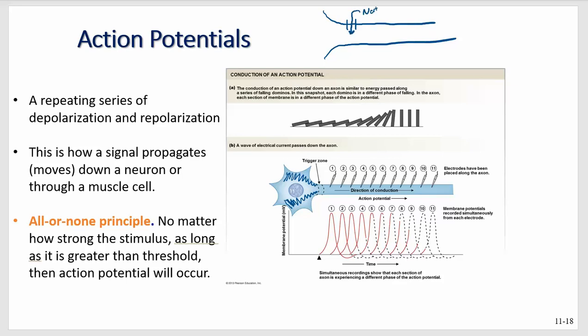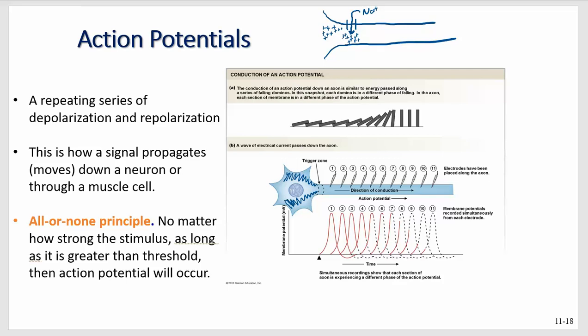So we've already said there's a bit of a positive charge here, but it's fading. But it gets there and it says that's enough. Let's say it's over minus 50. It's depolarized enough that it activates these voltage-gated channels. They open wide up and they let sodium in, which is going to cause a huge depolarization in this area.